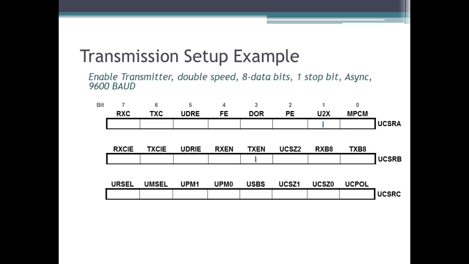And now we want to look at the number of data bits and the stop bit, and running it asynchronously. So what I do here is, from the previous slides we looked at in UCSRC where that's chosen, if you look back at the table, to run it for 8 data bits and 1 stop bit, I set UCSZ1 and UCSZ0 high.